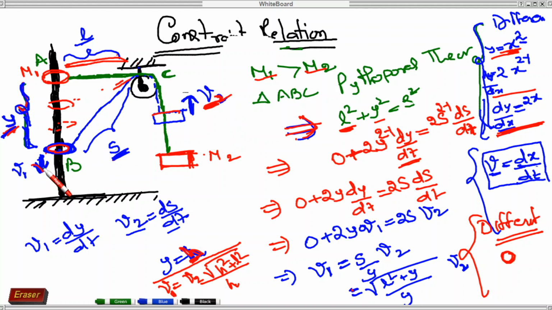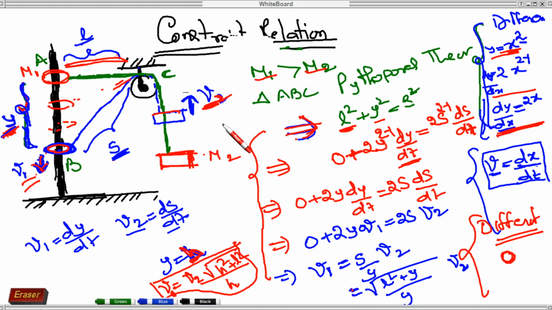So what would be the velocity of this ring when y is equal to h? In this way we find the velocity of the ring, and this is what is called the constraint relation. You can see there is a relationship between this velocity and that velocity. This is called a constraint relation.